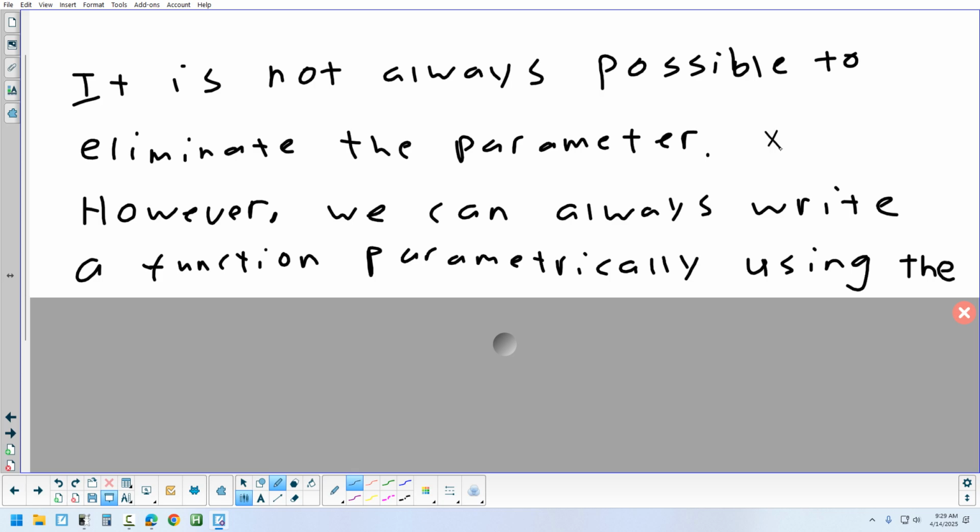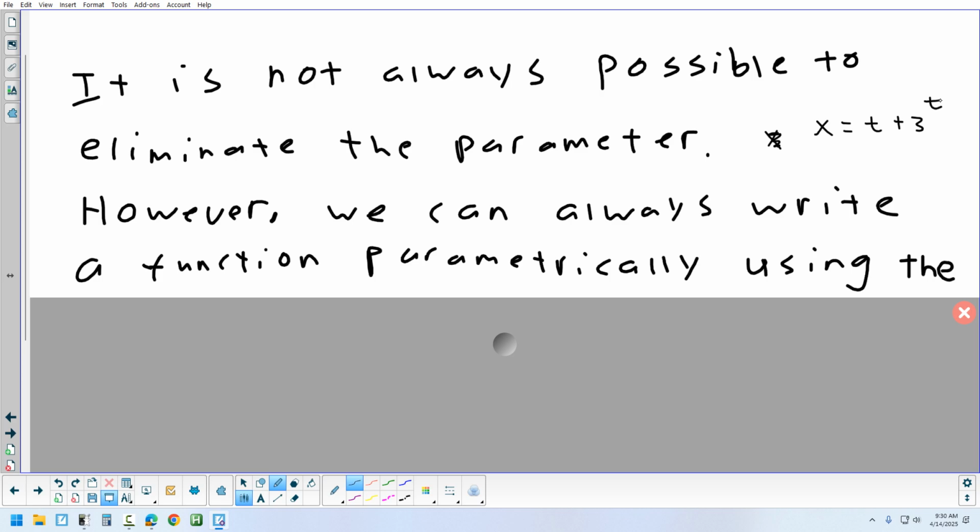Say you had x, let's see, what would be an equation? x equals t plus 3 to the t. You're not going to be able to get t alone. It's not possible. So if you had that for your x equation, you couldn't do what we just did.